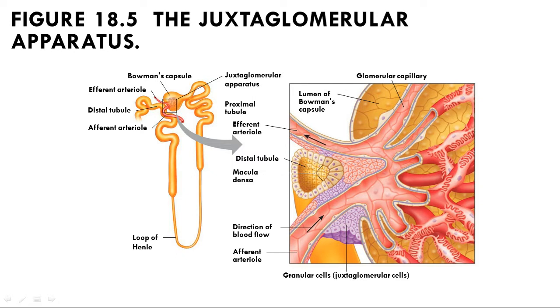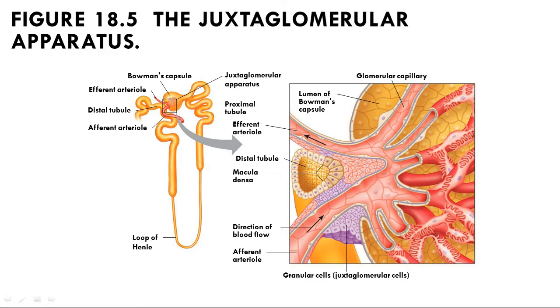All of these cells working together comprise the juxtaglomerular apparatus. If you work through the term slowly, apparatus means a thing, a device. Where? Juxta, we said, means next to, adjacent to the glomerulus.